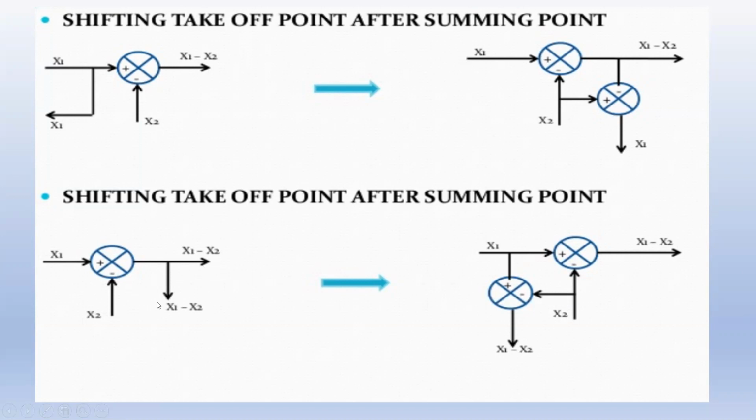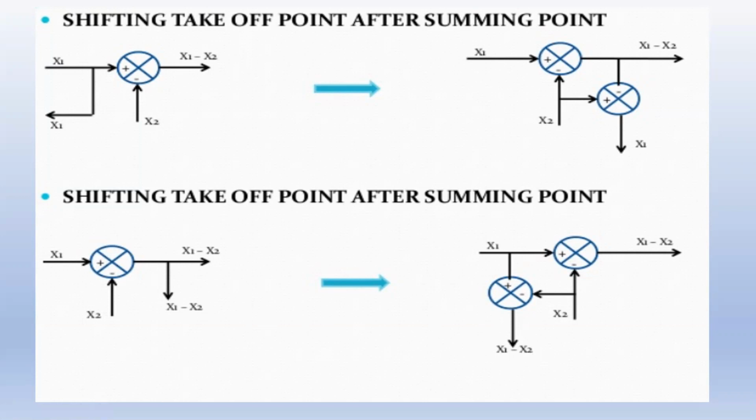After this takeoff point, we need to add another summing point, so as to make the same output after this summing point. This is the added summing point, and this is the summing point which was already there previously, thereby making the same output x1 minus x2 here and after this summing point.